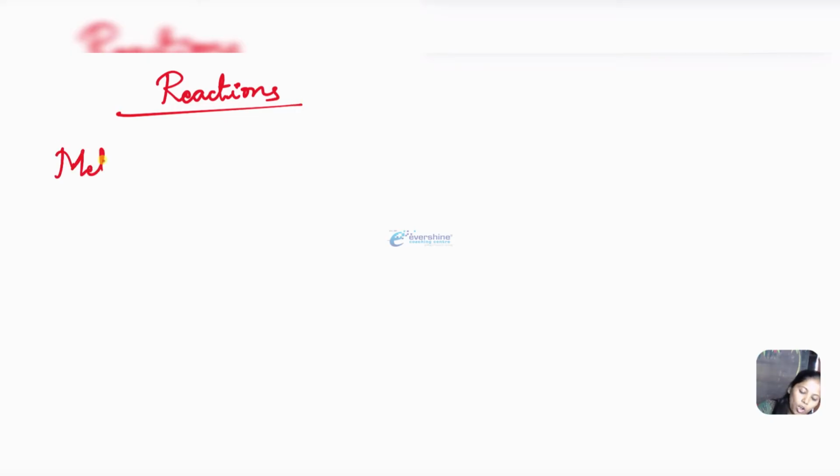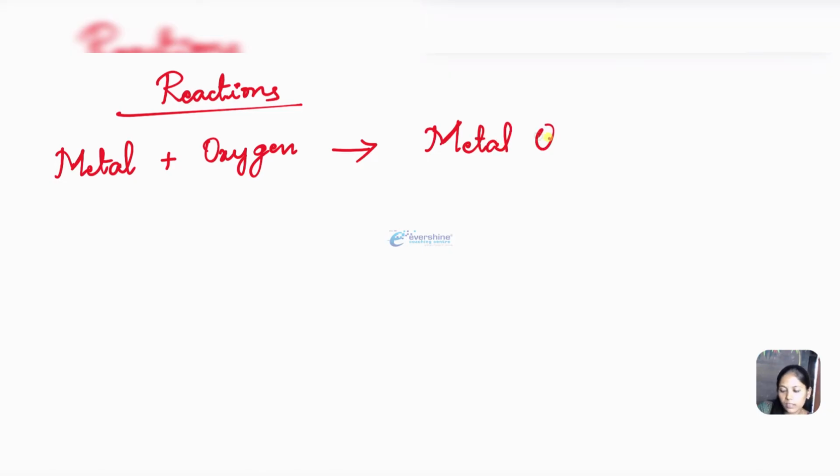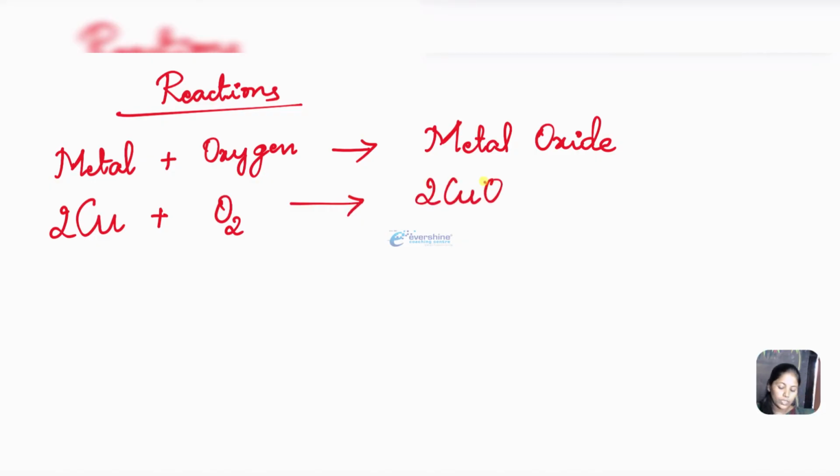Next we'll go to reactions of metals. First we'll see how metals react with oxygen. Metal reacts with oxygen and forms metal oxide. For example, copper reacts with oxygen and forms copper oxide.